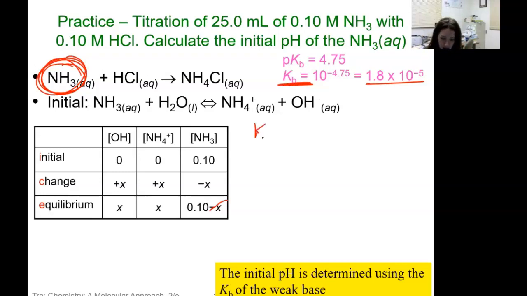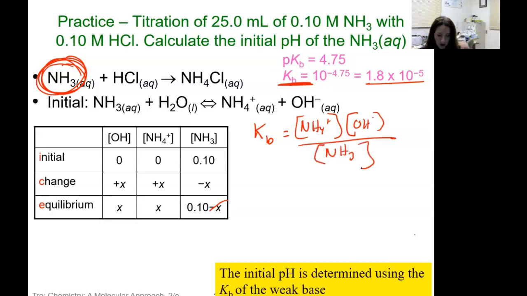So Kb equals NH4+ times OH- over NH3, and our Kb is 1.8 times 10 to the negative 5.